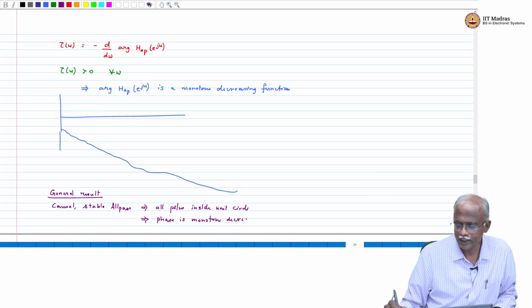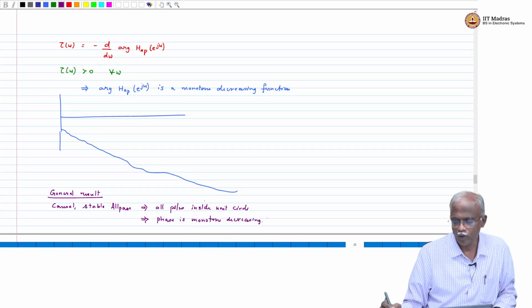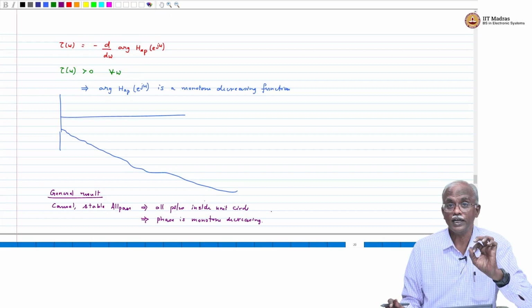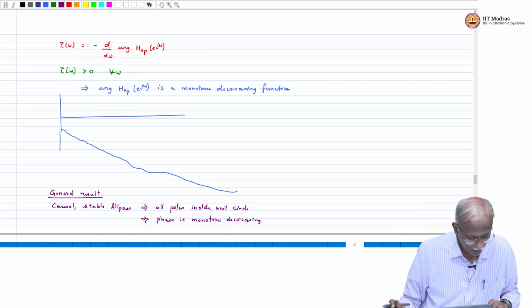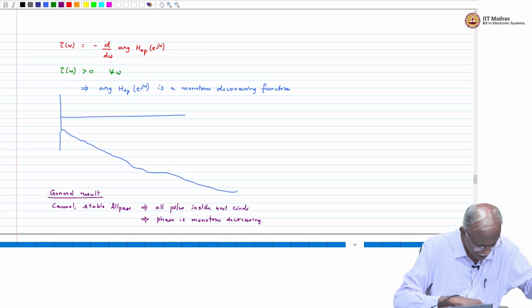This is a very, very important property of an all-pass function, which we will come back to study in the later part of this chapter.